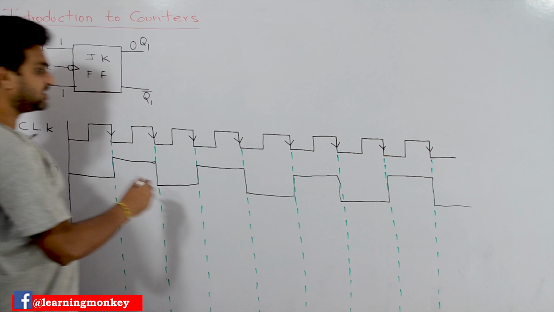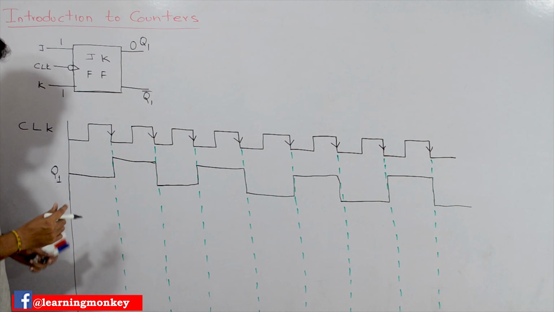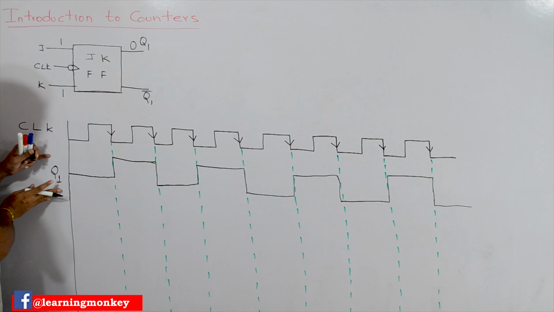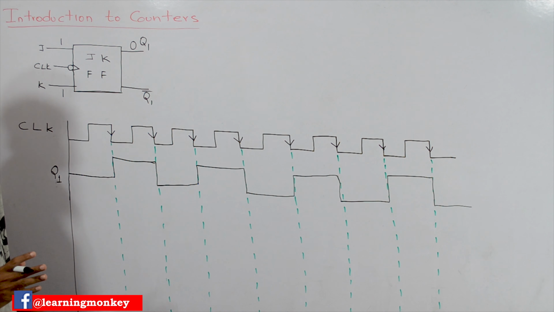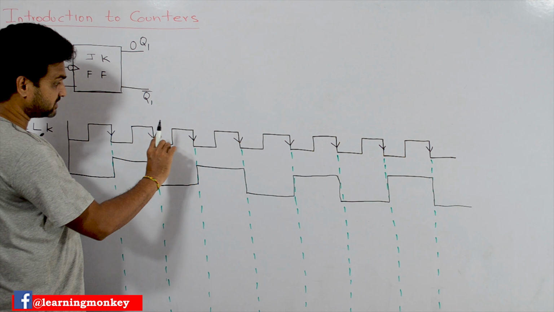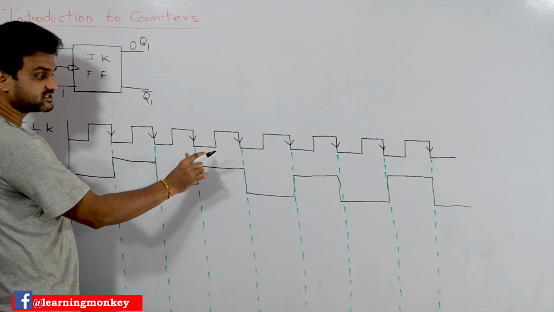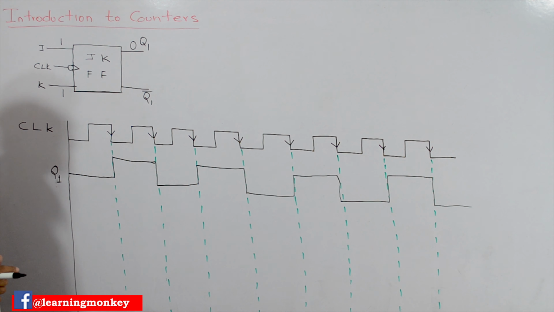This is how Q1 will be behaving. There is a good property within this. What is that property?